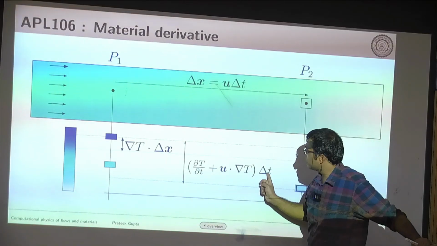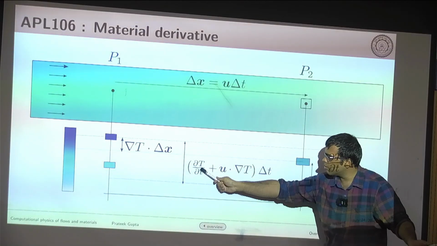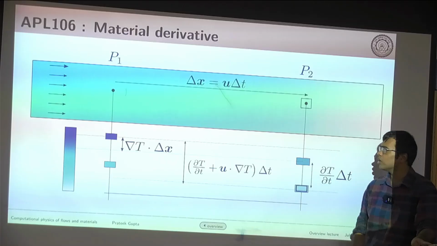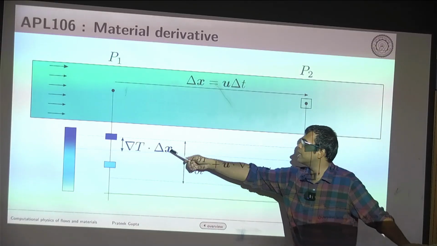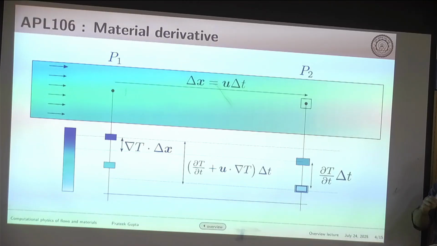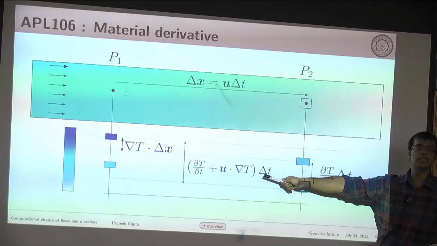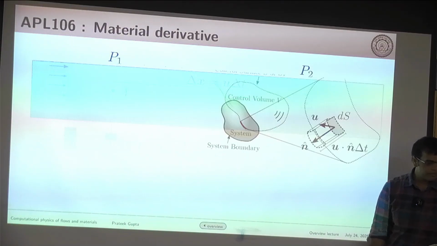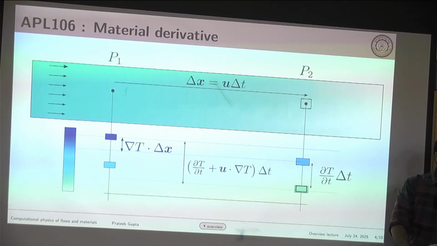So, when you add these two, you get this expression where one is partial capital T by partial small t plus u dot grad T, okay, where I have written this delta x as u delta t. Okay. Now, again this is just a review, we will look very rigorously at how to get this expression. And this expression, by the way, we called the material derivative in APL 106.